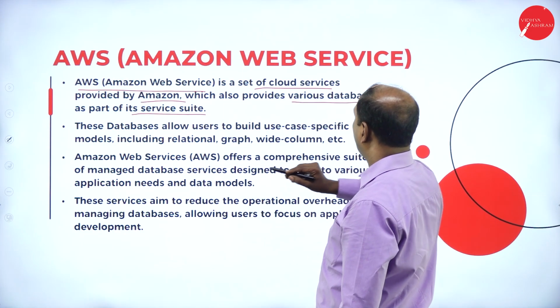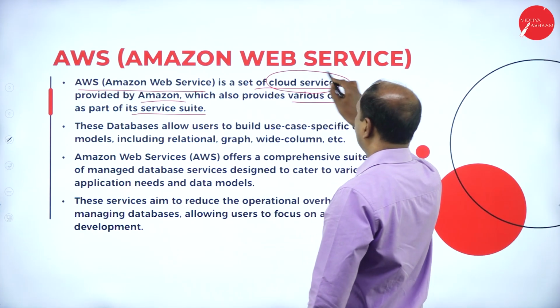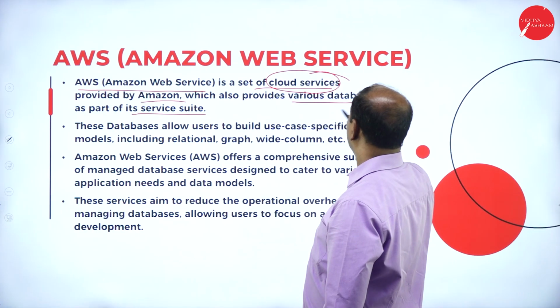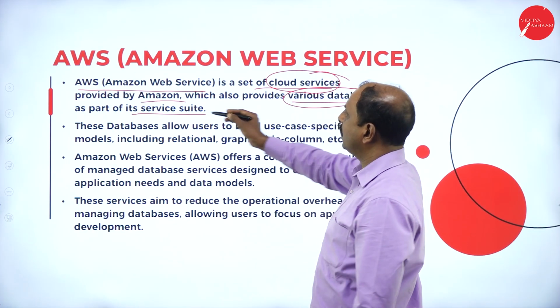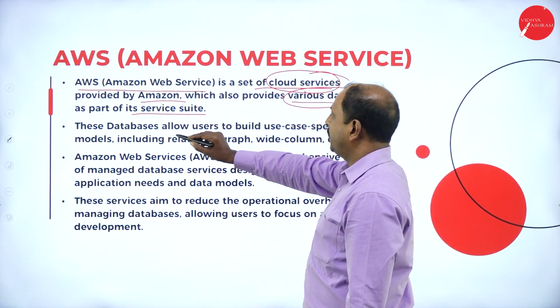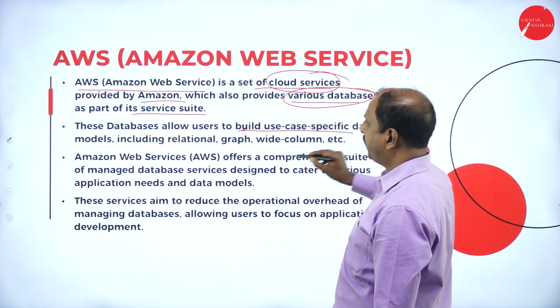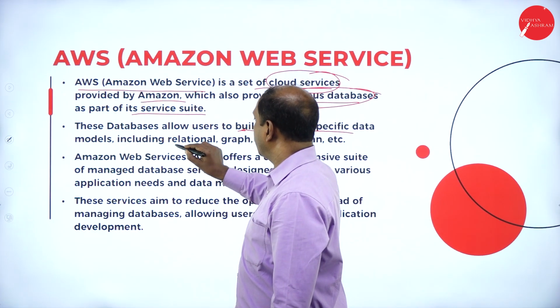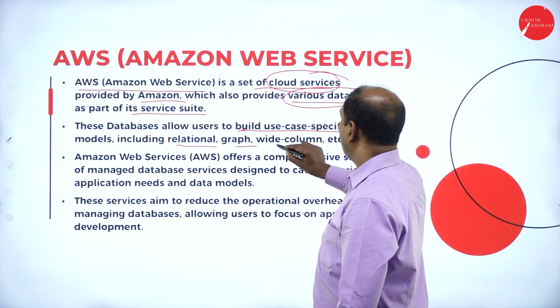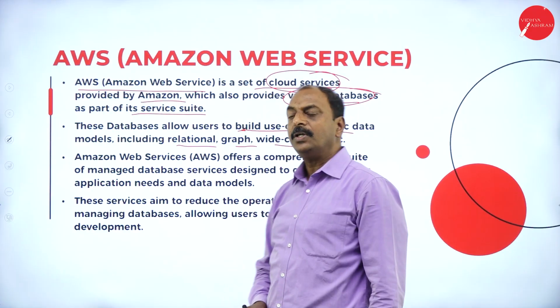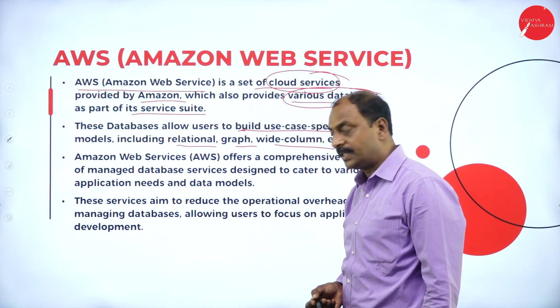It provides a variety of cloud services for customers and also various database solutions. These databases allow users to build use-case-specific data models, including relational, graph, wide column, etc. So it is possible to use the services for different models of databases.